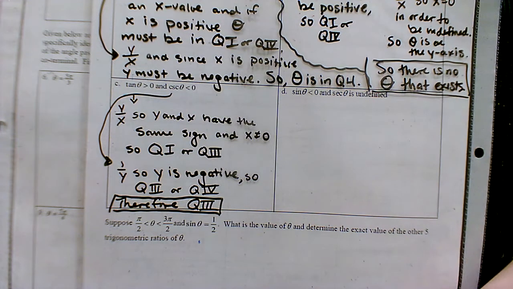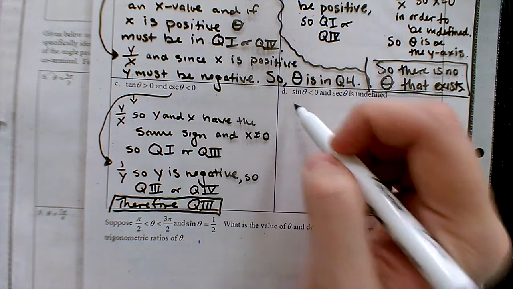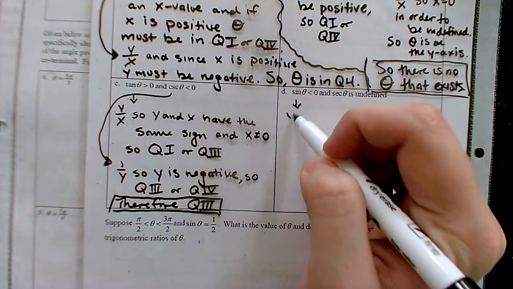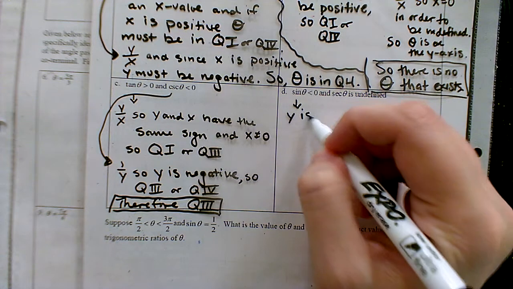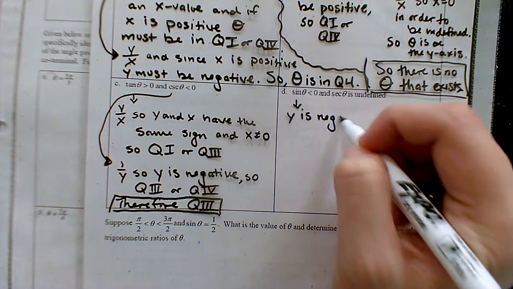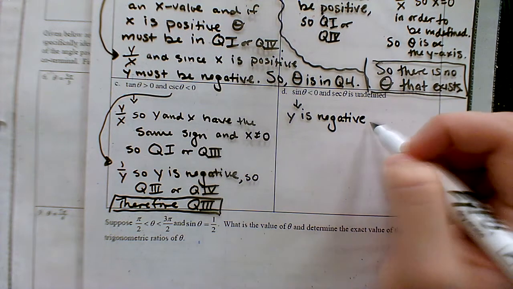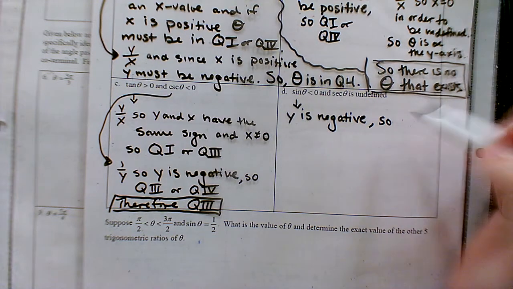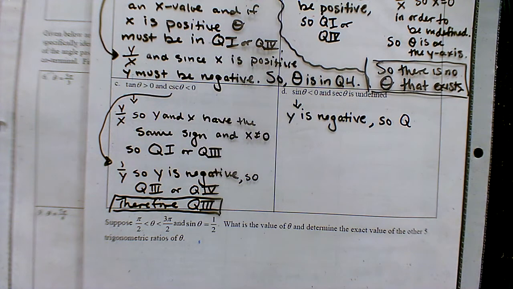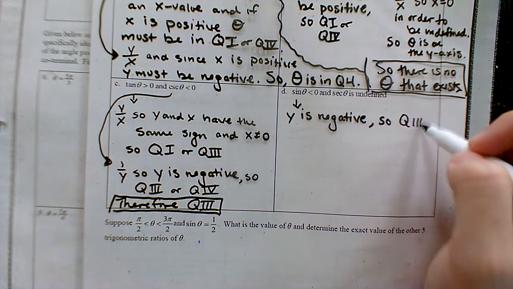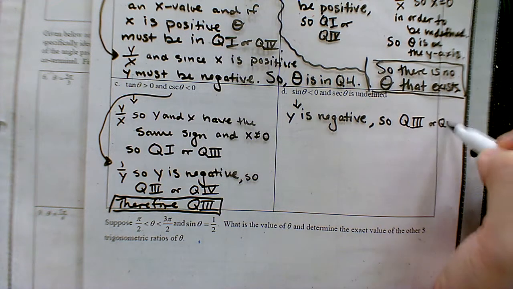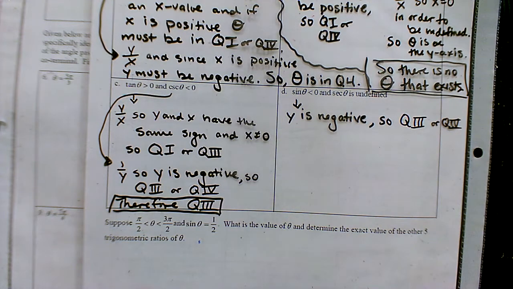All right, let's try D. Sine is negative, so if sine is a y value, that means y is negative. So which quadrant might we be in for that piece? We thinking Q3 or Q4? Okay, y is negative.